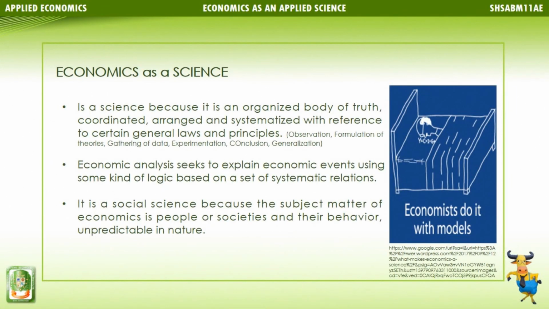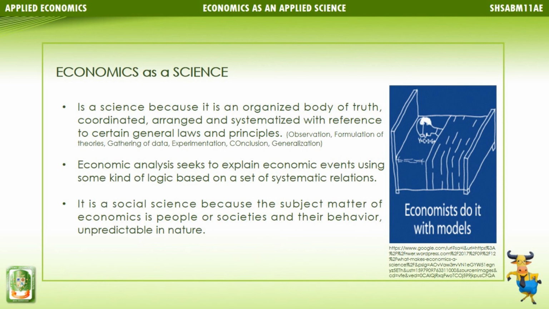Economics as a science. It is a science because it is an organized body of truth, coordinated, arranged, and systematized with reference to certain general laws and principles. Observation, formulation of theories, gathering of data, experimentation, conclusion, and generalization.